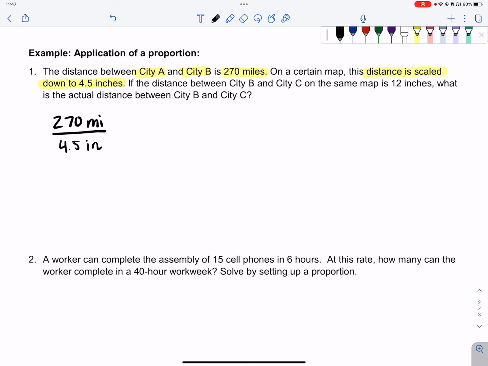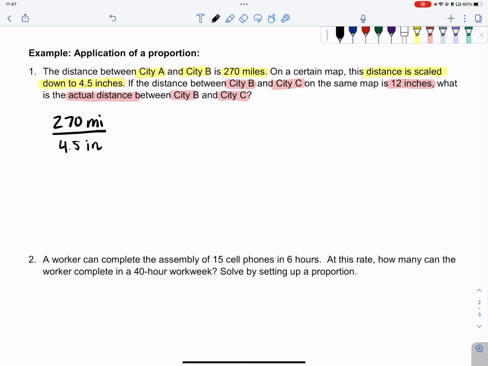And now if we continue reading on, we are told that if the distance between city B and city C on the same map is 12 inches, what is the actual distance between city B and city C?